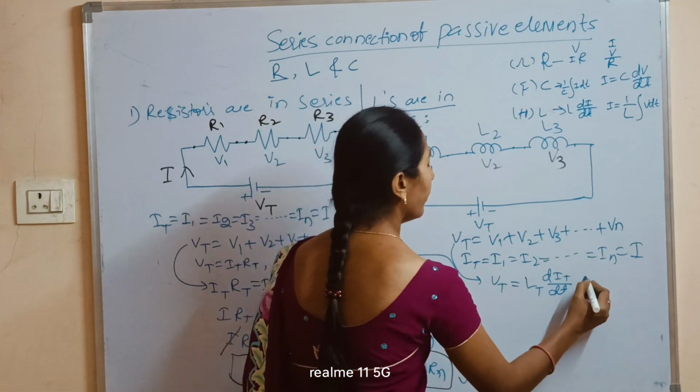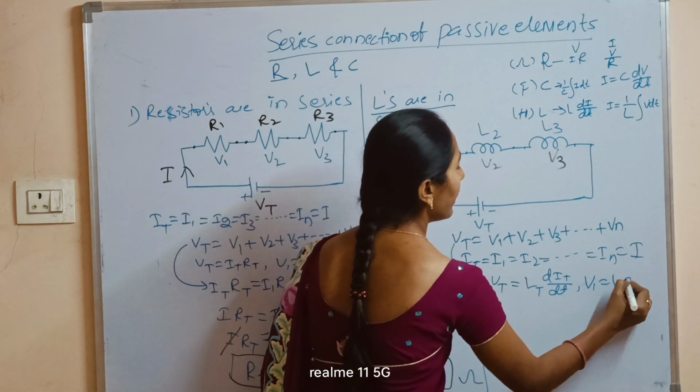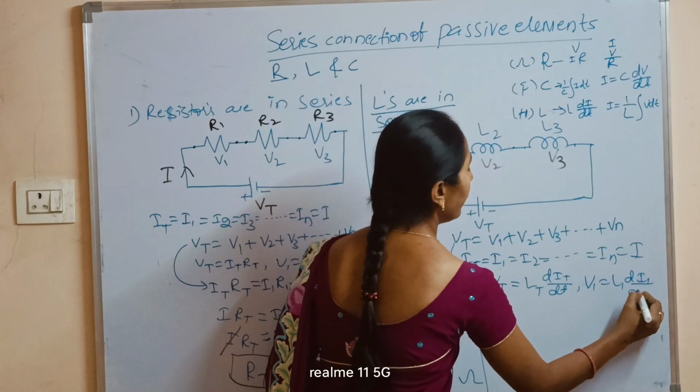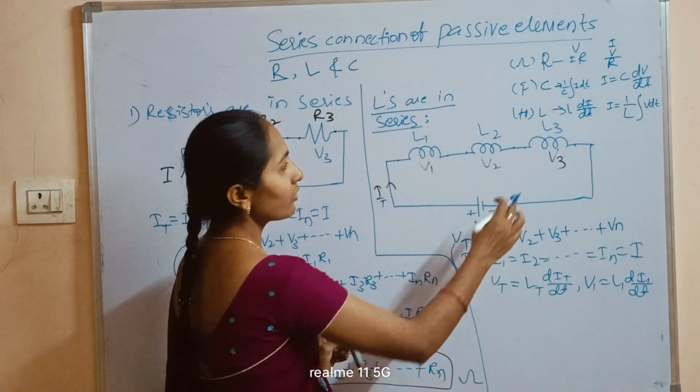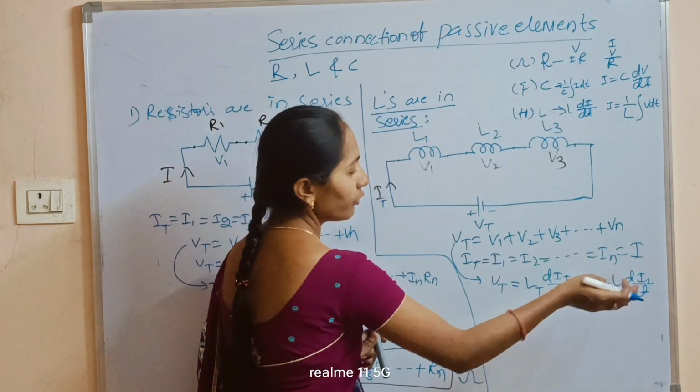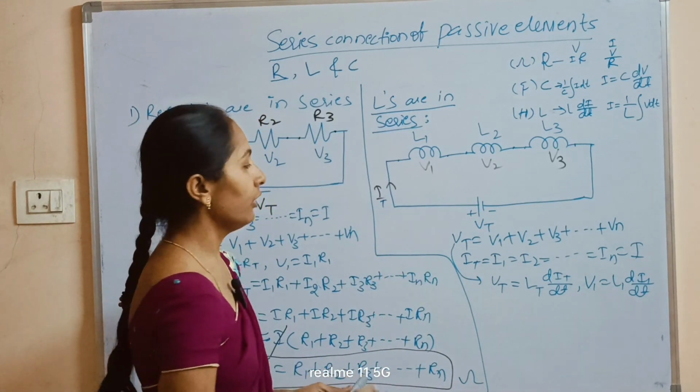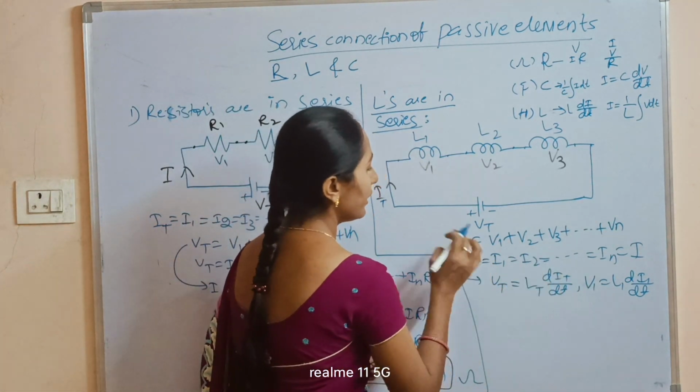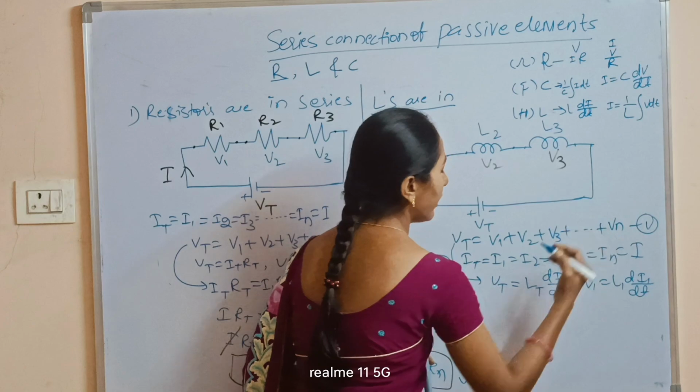Now coming to V1. V1 is nothing but L1 into di1 by dt. Based on this formula, we can write V1, V2, V3, so on, V total. Now substitute this value into equation number 1.